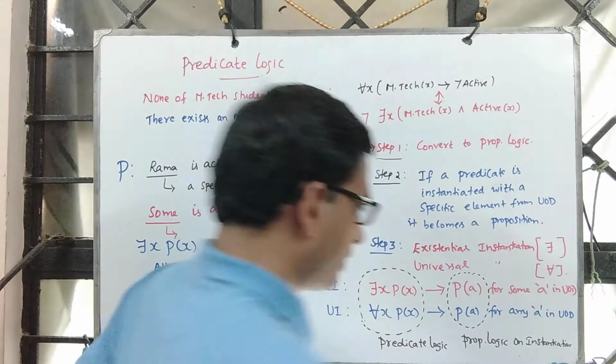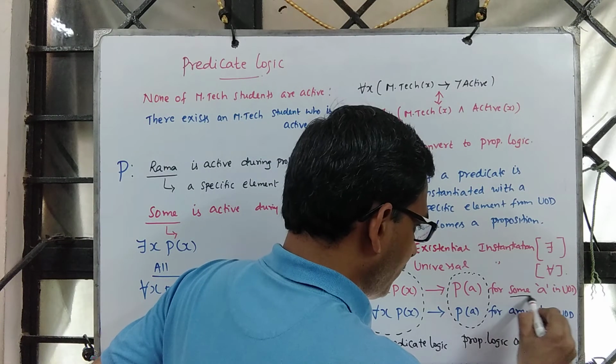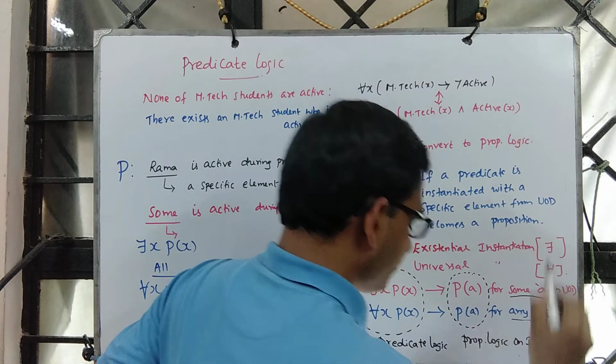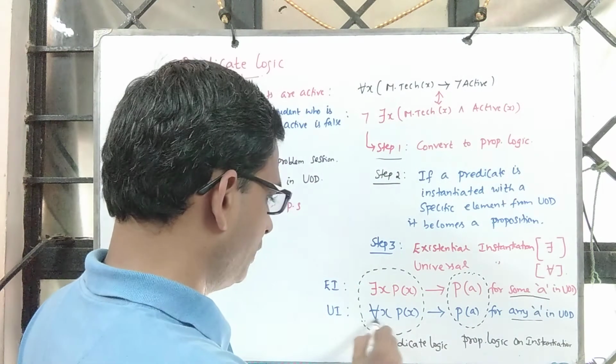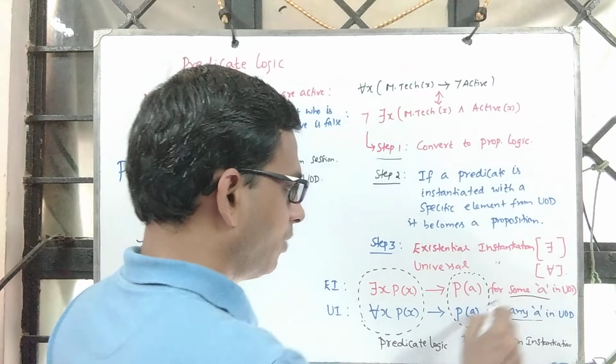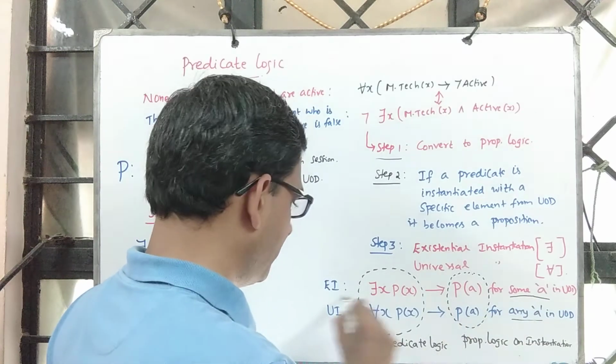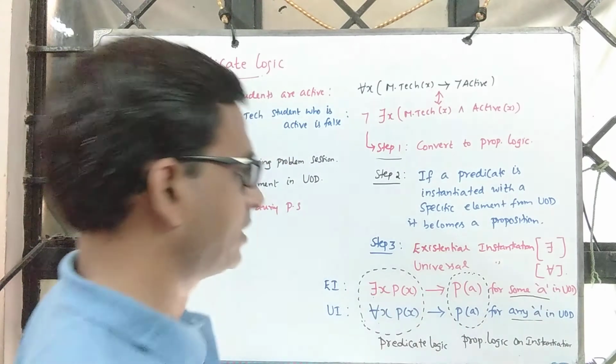And most importantly, you have to pay attention to this. Over here, a could mean any a because it is a universal quantifier. Over here, it means some a because it comes from an existential quantifier.